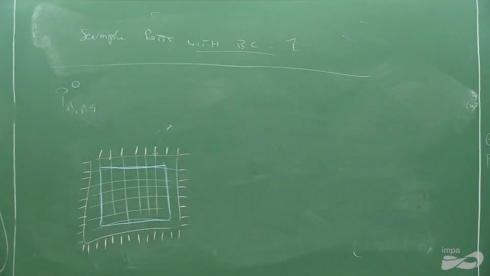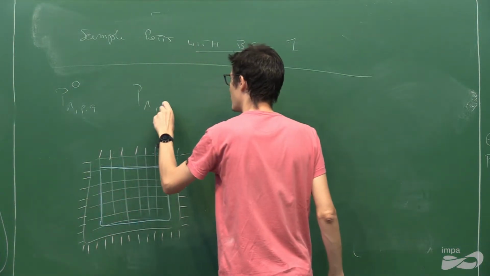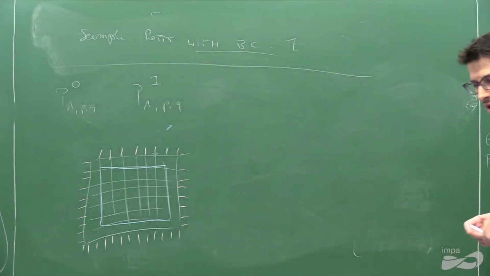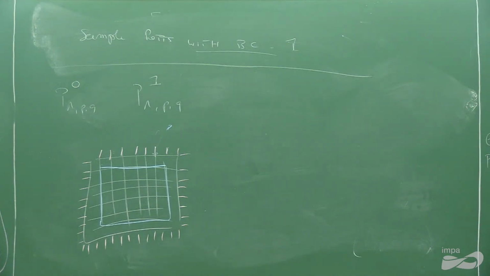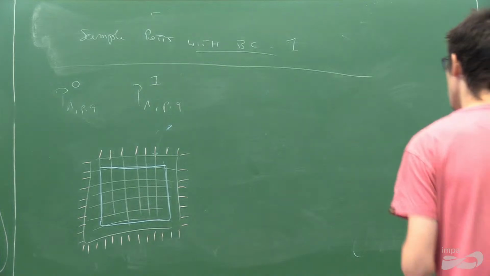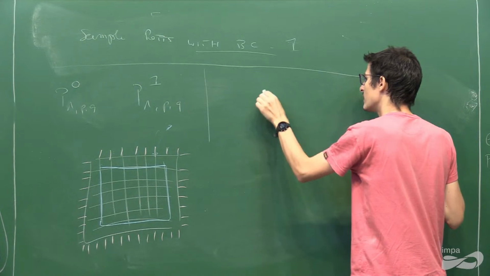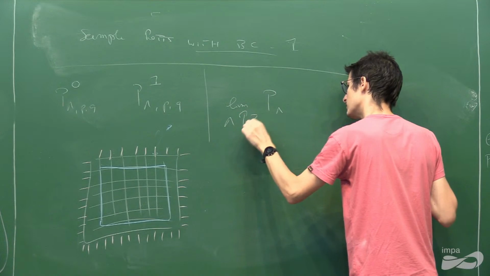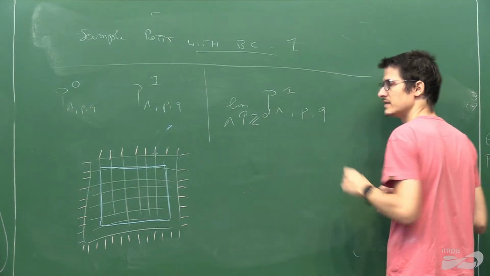Okay, so I've defined two measures, and now I will really focus on the measure with this one external condition, but I could make the same reasoning with the other one. And what I may want to ask is, well, can I take the limit when Lambda goes to Z^d of this thing?